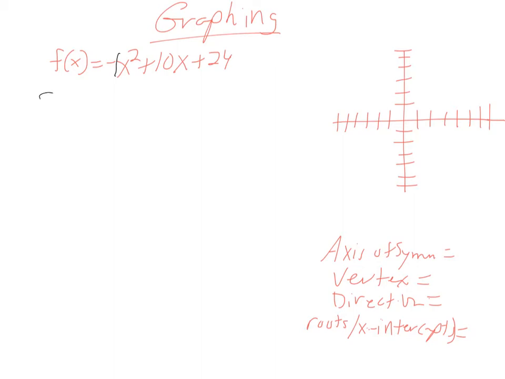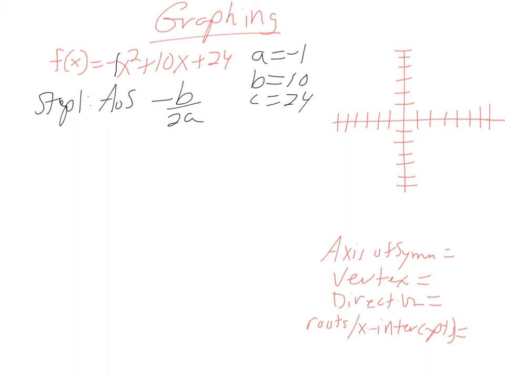Alright, so your step 1 is going to be to find the axis of symmetry. You know that is negative b over 2a. So a is negative 1, b equals 10 and c equals 24. So we have negative 10 over 2 times negative 1.